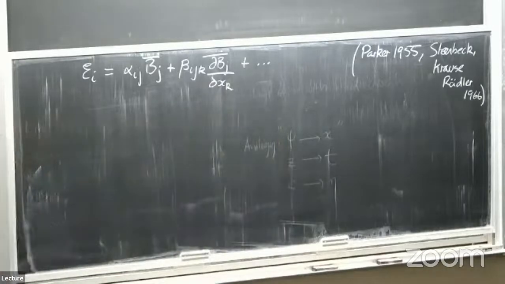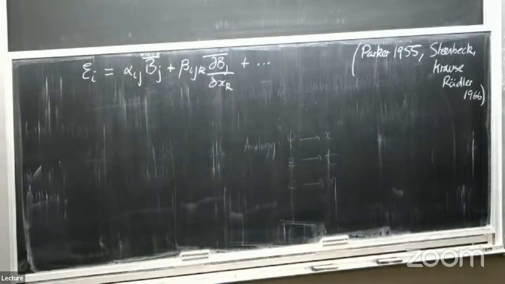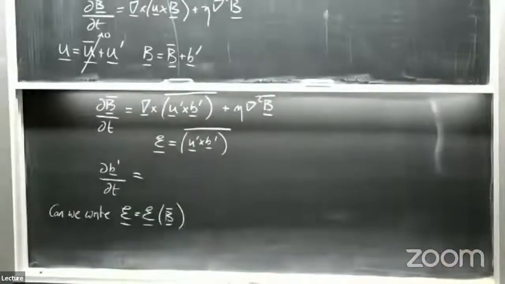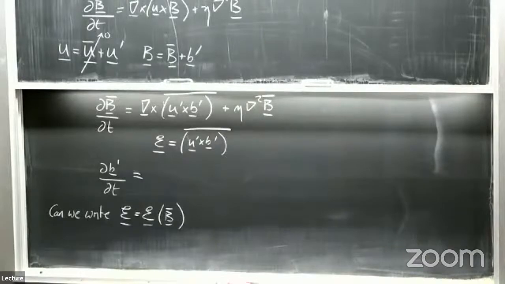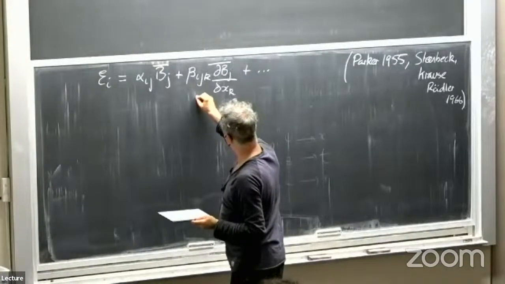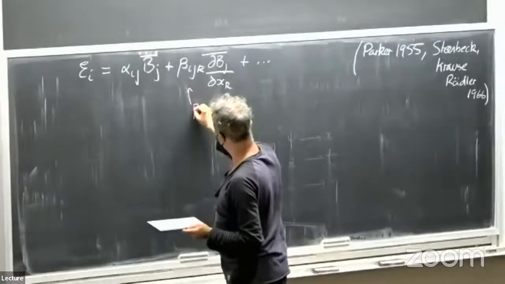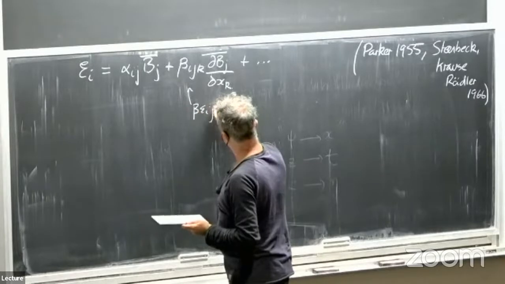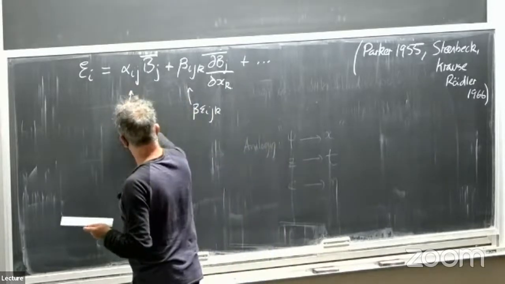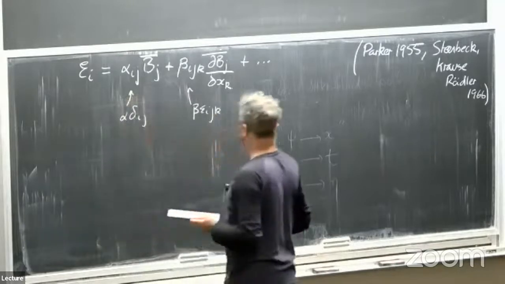Well, you want to just keep in mind that the E appears in a curl. The simplest case is homogeneous isotropic turbulence, which again I agree is not necessarily the case. If we wrote down simple tensors that satisfy the right things, I can write these as alpha delta_ij, beta epsilon_ijk.